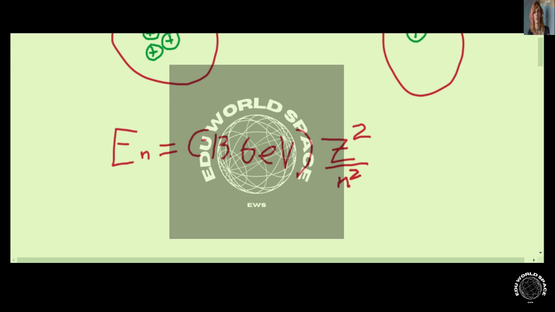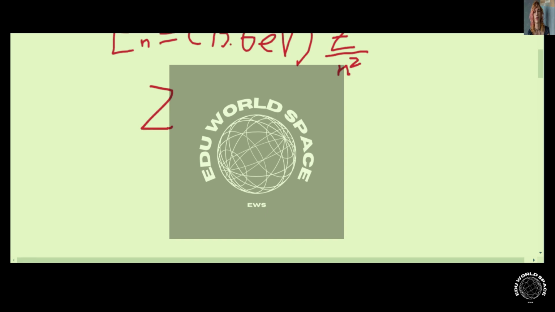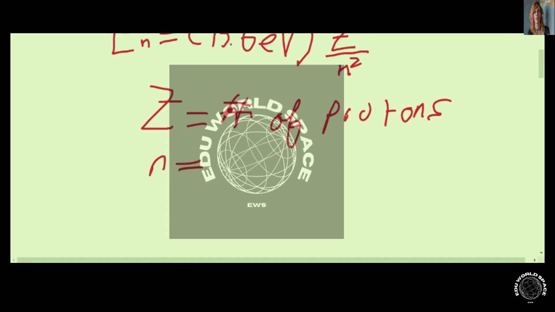Z is the number of protons in an atom, and n equals the energy level.